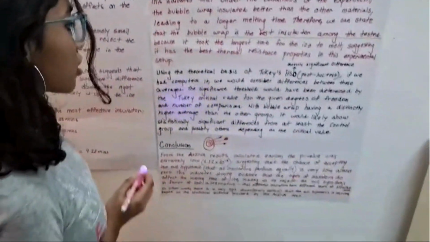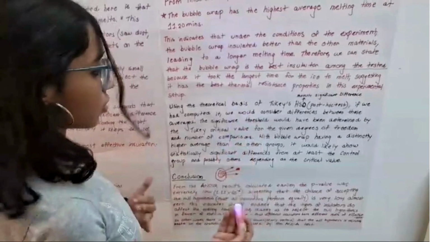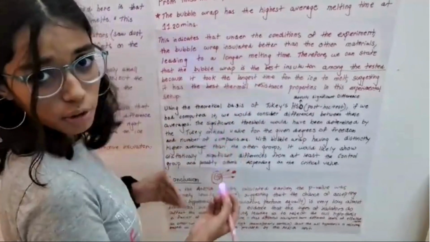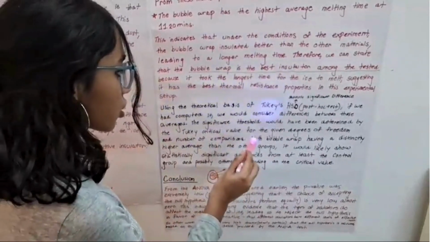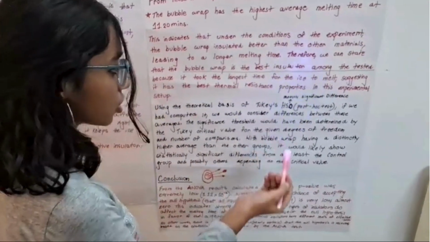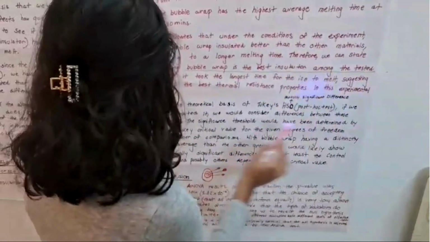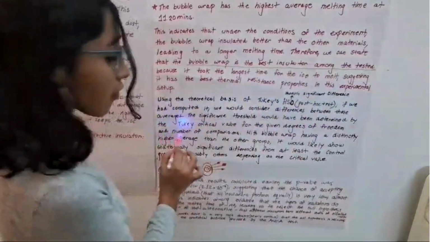We can actually use a test called a post hoc test to determine this as well. But in this case, I have used the manual approach, but still I'm going to give a bit of background. Using the theoretical basis of Tukey's HSD, which is honestly significant difference, post hoc test, if we had computed it, we would consider differences between these averages.